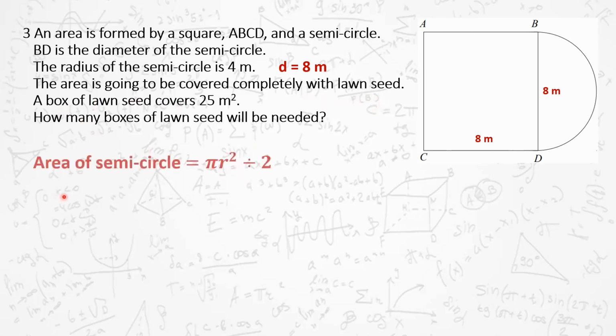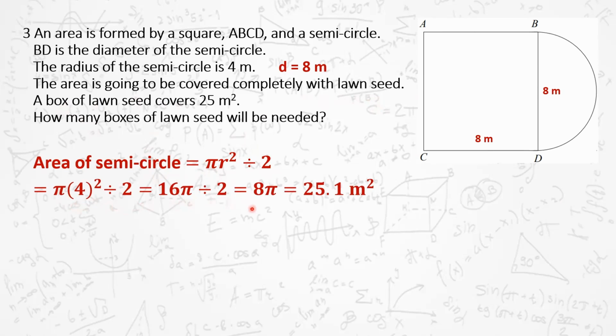First, circles. Area of semicircle is pi r squared divided by 2. Radius was 4, so we have pi times 4 squared divided by 2 equals 16 pi divided by 2 equals 8 pi.